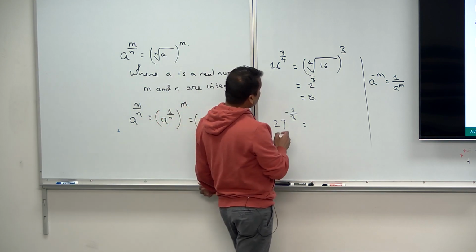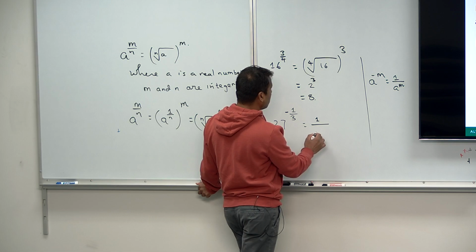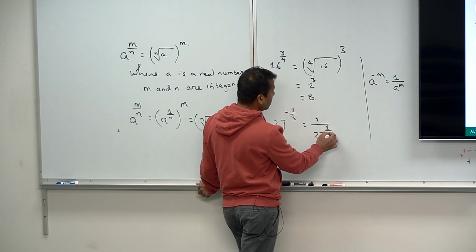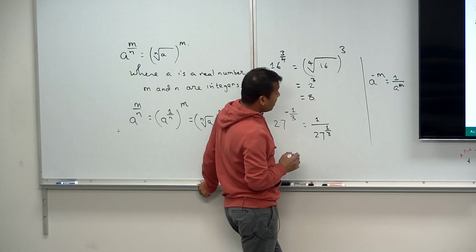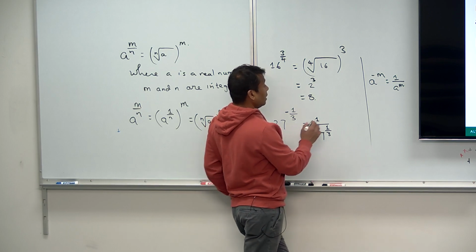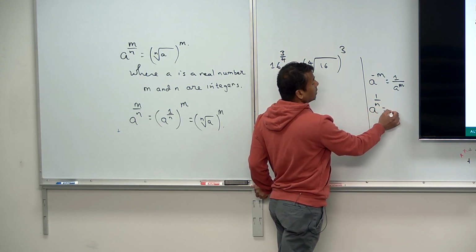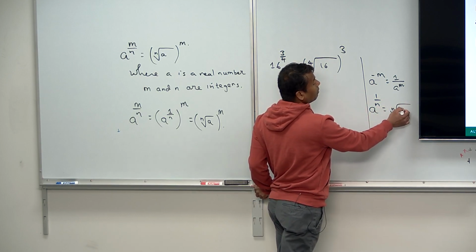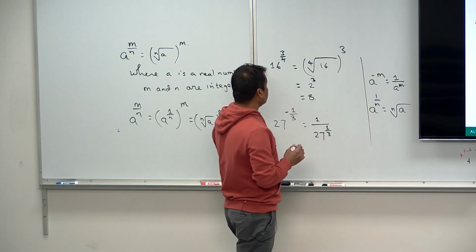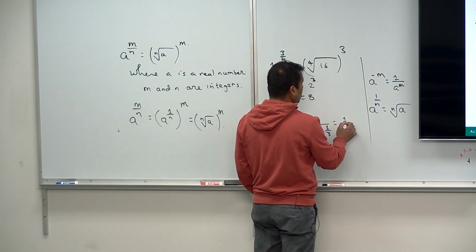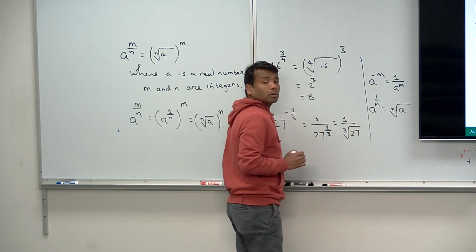So 27 raised to the power negative 1 over 3 is the same as 1 over 27 raised to the power 1 over 3. And if you have a to the power 1 over n, this is the same as the nth root of a. So now it's going to be 1 over the cube root of 27.